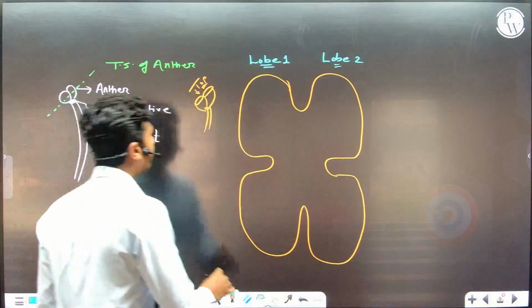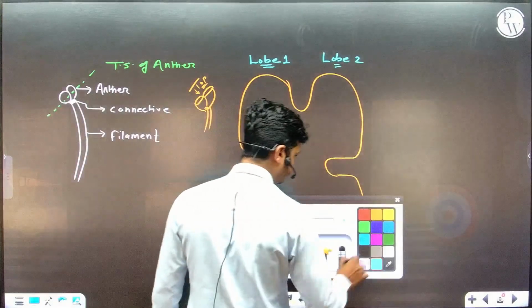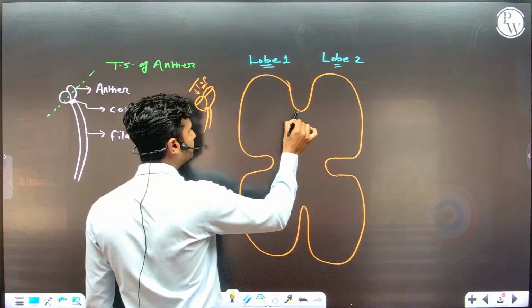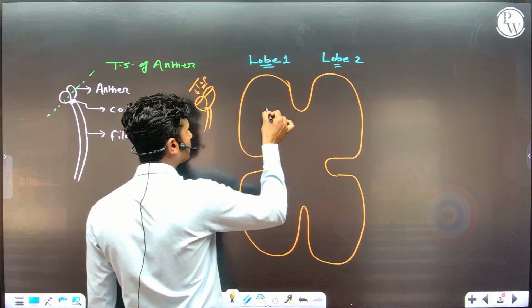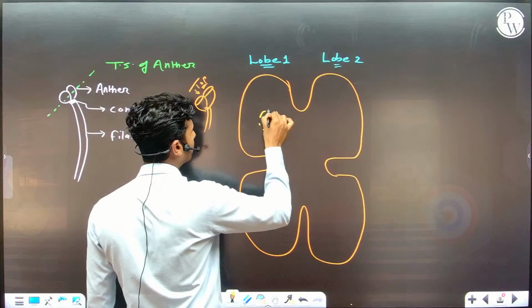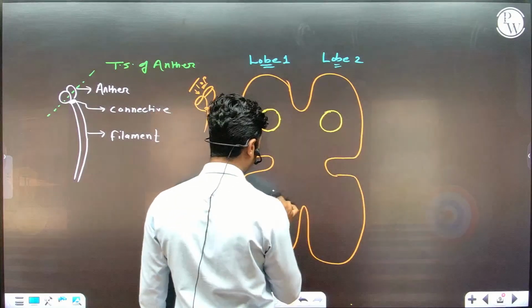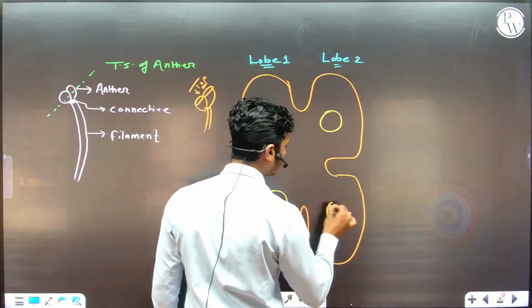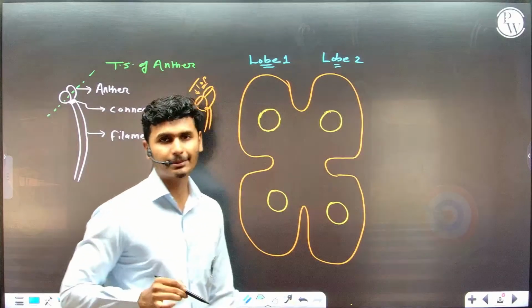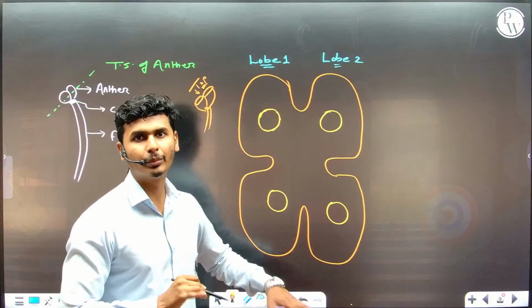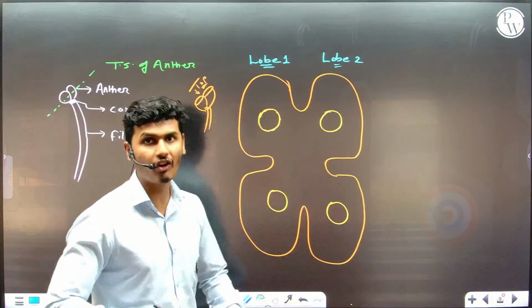Okay. Now here there are 1, 2, 3, 4 chamber-like structures present. Now we can't call it a pollen sac because pollen grain is not formed here.